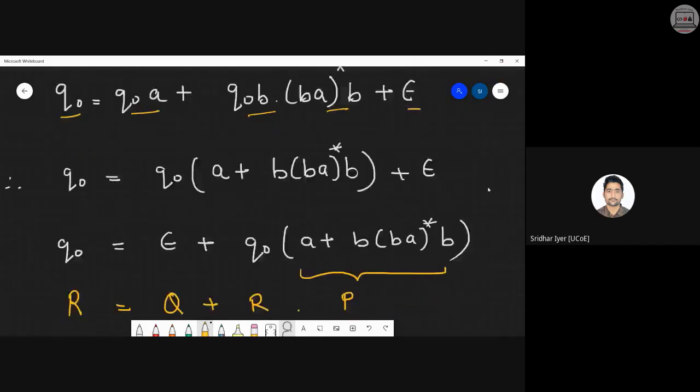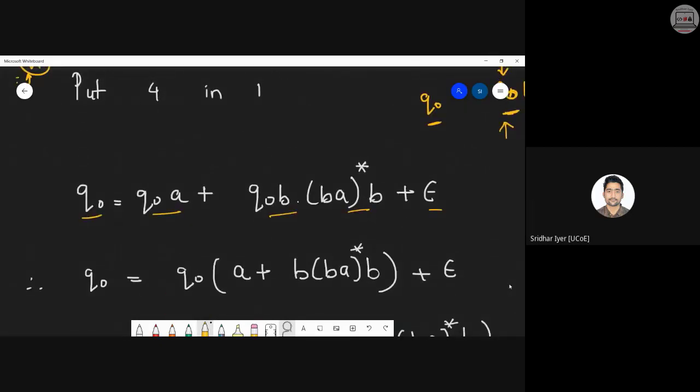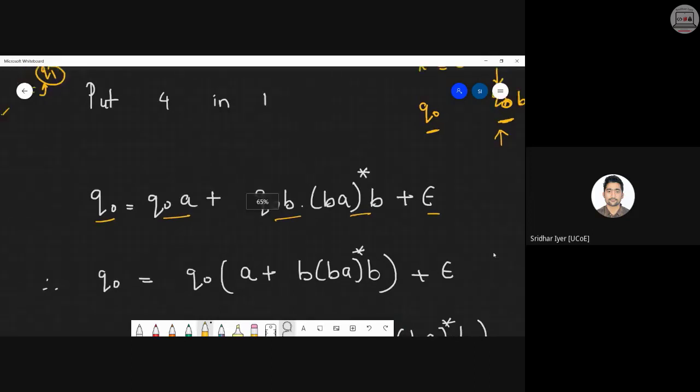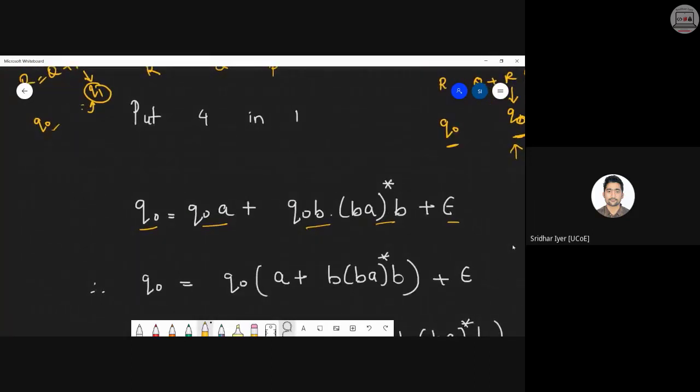Clear with this? Is it in the format R is equal to Q plus RP, or do we need to make some changes? Is it in the form R is equal to Q plus RP? Yes, but we have to make some changes. How so? We have to put this epsilon at the front. As we know, epsilon plus 1 is equal to 1 plus epsilon, both are the same thing, we are simply changing the positions.